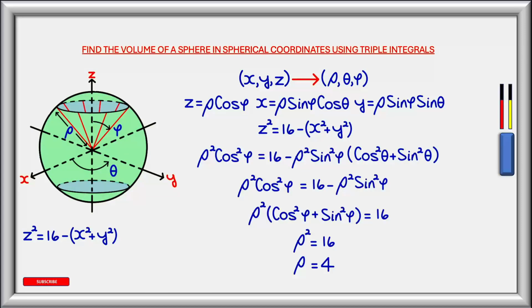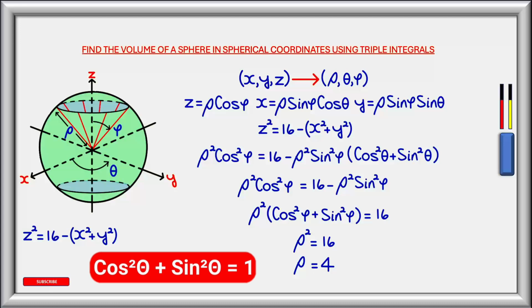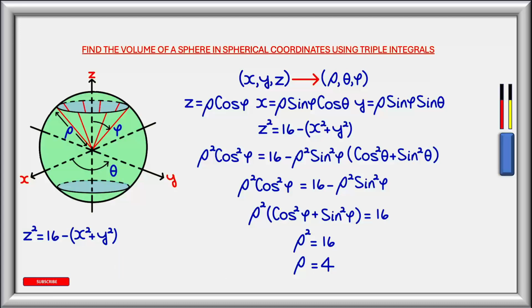Using the trig identity where cos squared theta plus sin squared theta is equal to 1, we're left with rho squared multiplied by cos squared phi is equal to 16 minus rho squared sin squared phi.